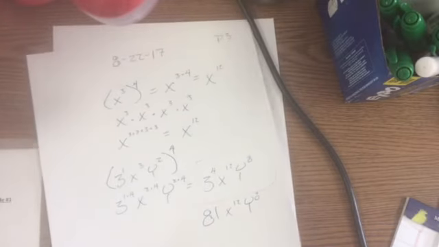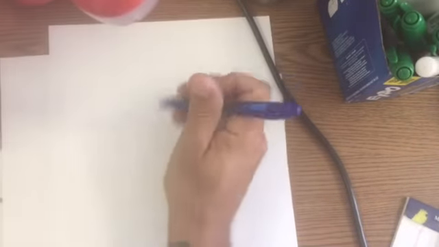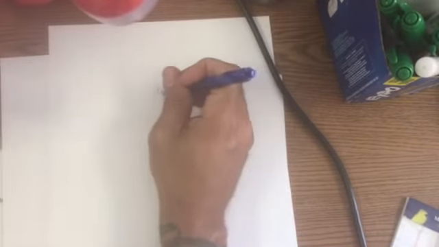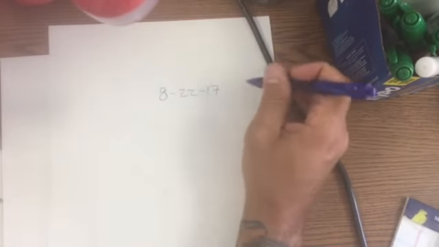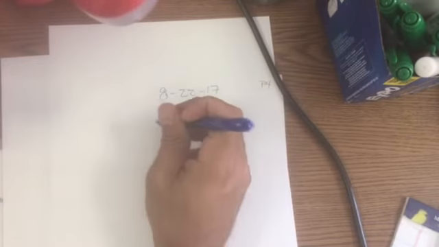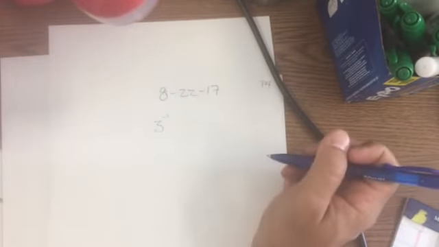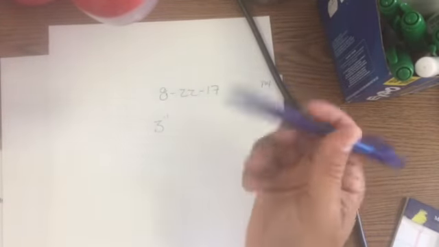What else? Negative exponents. Negative exponents actually mean inverses. Multiplicative inverse means that it multiplies to 1. So when I have something like 3 to the negative 1, what do I need to multiply 3 to the 1 by to get 1?